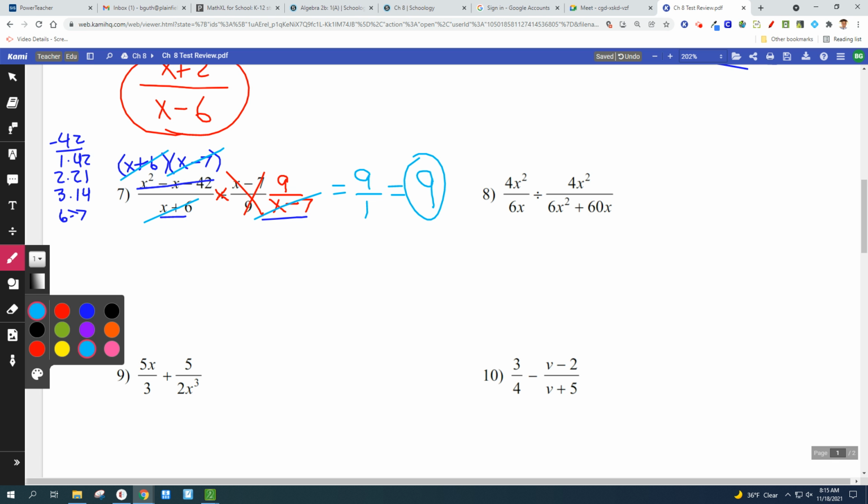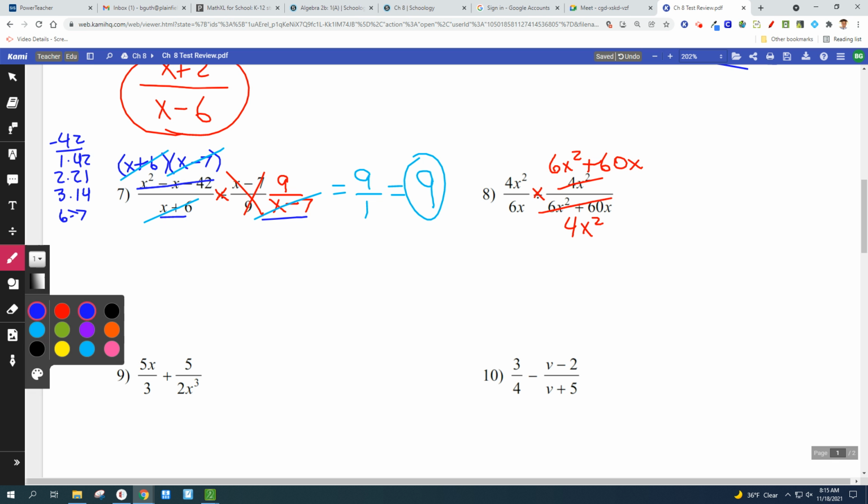Next one. Again, we are multiplying by the reciprocal. In division problem, you're going to multiply by the reciprocal. So you can just kind of multiply and flip it, but then we're going to have to cancel some stuff.